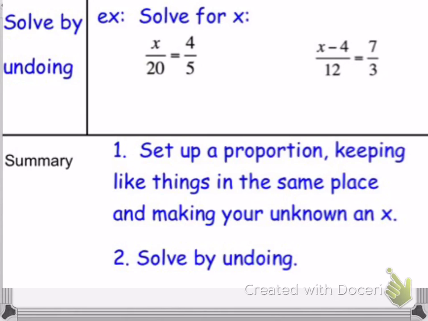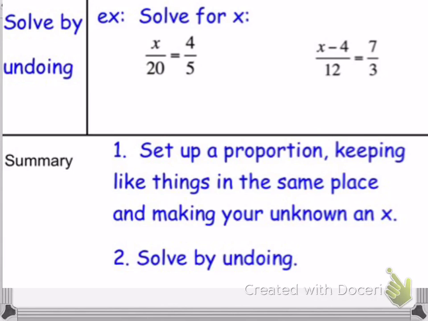The last thing that I want you to copy down is the summary. Set up the proportion, keeping like things in the same place. So that means with our word problem, I kept the number of free throws that she would make as the numerator and the number of free throws that she attempted as the denominator.